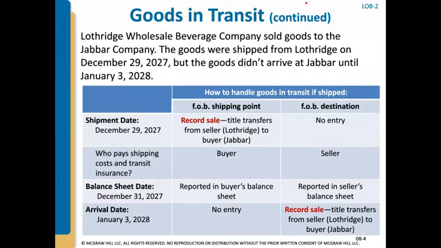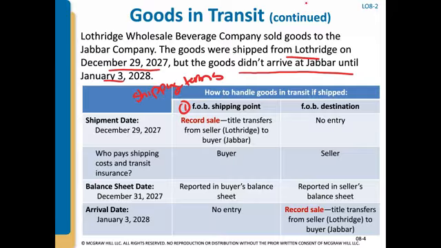So here we have an example of goods that were shipped from a company on December 29th, and they didn't arrive to the buyer until January 3rd. So here's how it's determined who owns that inventory. The invoice will have the shipping terms. There are two different shipping terms.